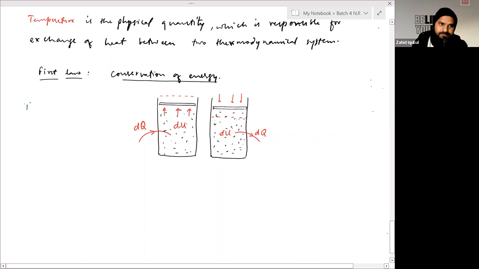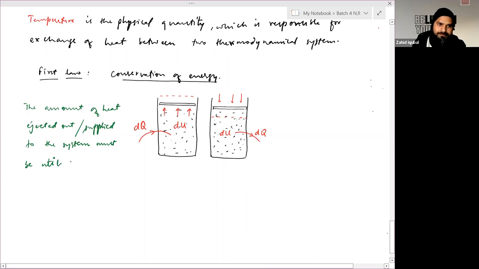So we can say the amount of heat ejected out or supplied to the system must be utilized in changing internal energy as well as doing work.